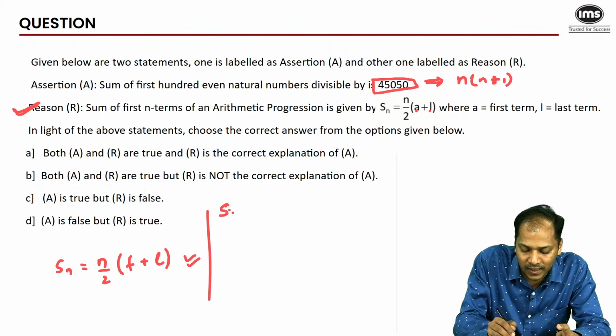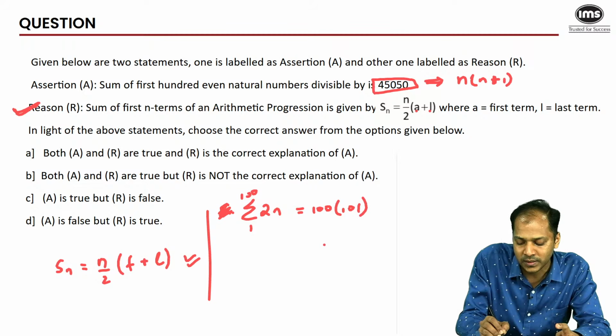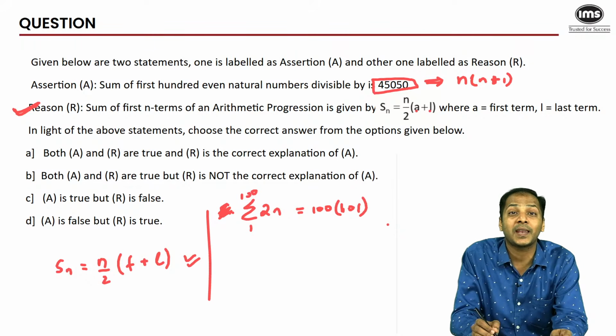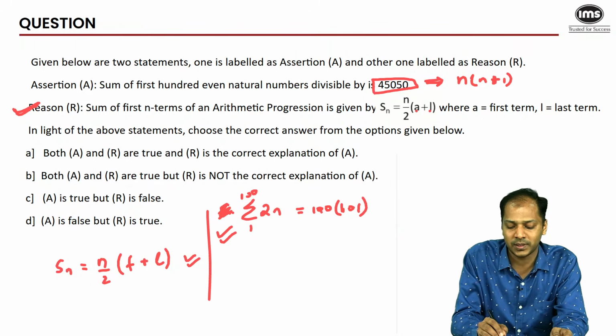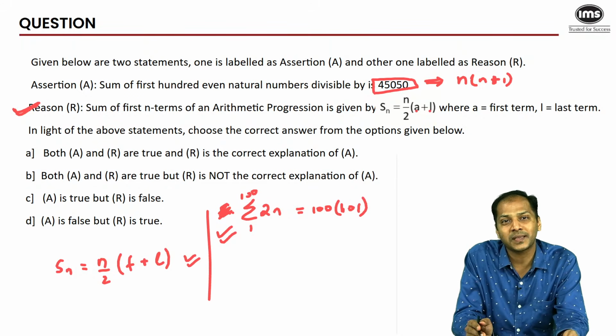I'll write it in symbolic form, summation of 2n from 1 to 100 will be equal to 100 into 100 plus 1, that is 101. This is the formula that we have for the sum of the first n even natural numbers, n into n plus 1, right? So this 100 into 101, I'm pretty sure would not come out to be 45050.